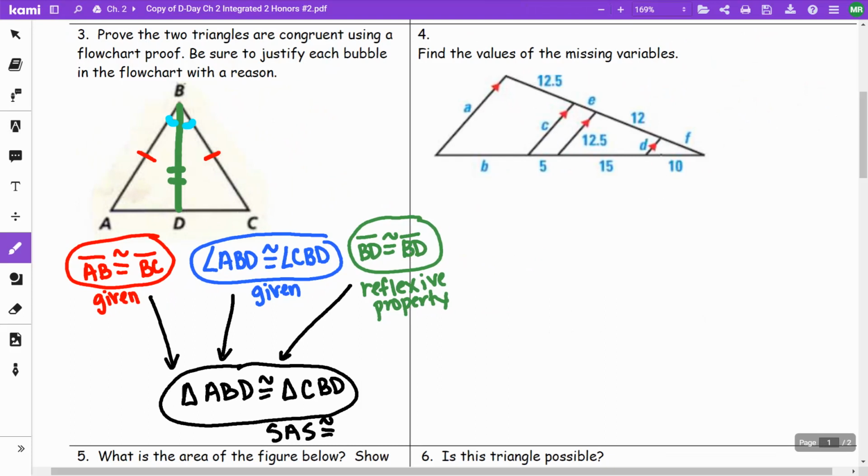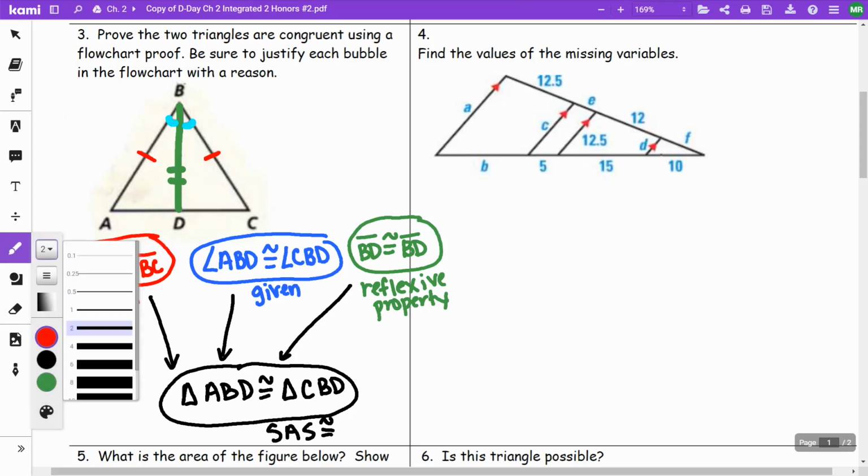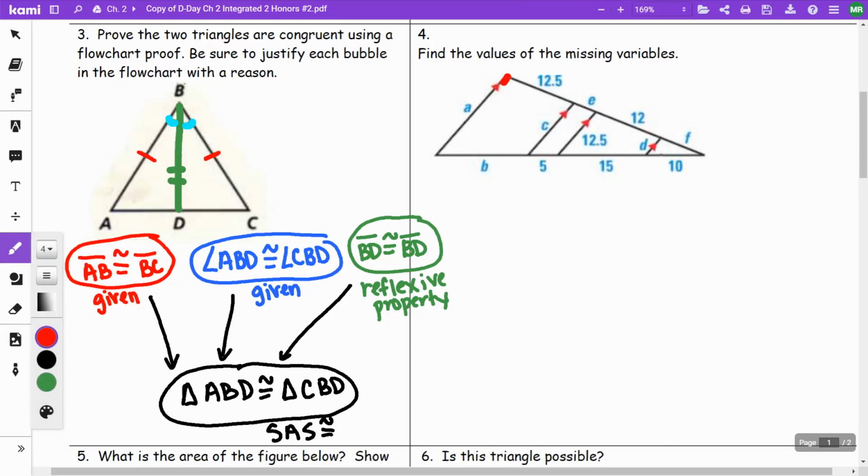So when I'm talking about side splitter, the sides I cannot use the side splitter for: I cannot do it with that A, I cannot do it with C, I cannot do it with D. Also this 12.5, but any of those are not split sides. Okay, the other two sides, this whole side and all those pieces, one I did in green, and this whole side and all of the pieces, I can use the side splitter for those.